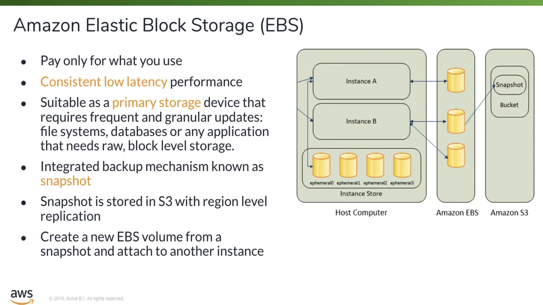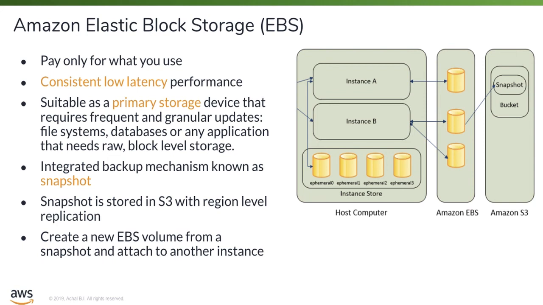there is also a mechanism called snapshot, which basically copies the data available in the EBS into a backup volume. So let's see how it is done in a moment. The snapshot is stored basically in S3, and it will be stored with region level replication.